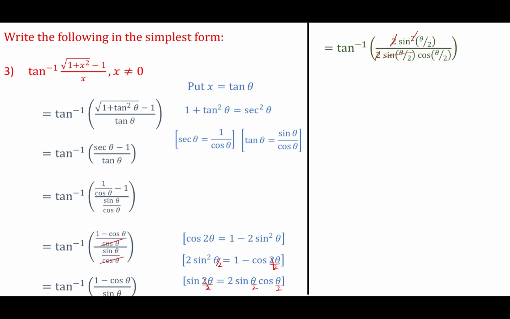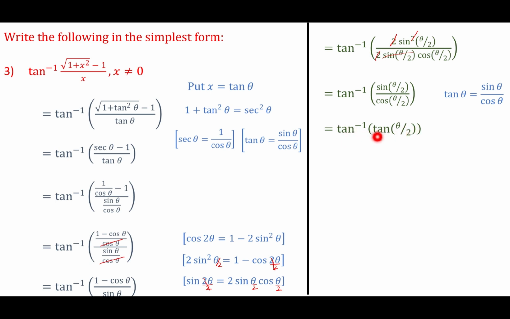The remaining part is, in the numerator, sine theta by 2 and in the denominator cos theta by 2. Tan inverse of sine theta by 2 over cos theta by 2. So sine by cos I can write as tan theta by 2. So tan inverse tan theta by 2.